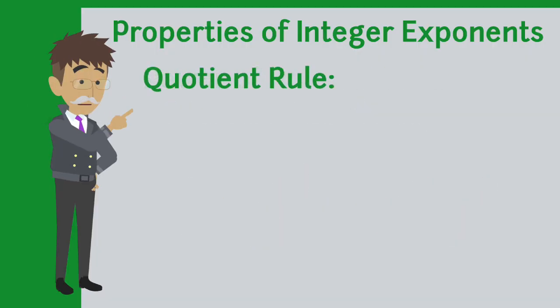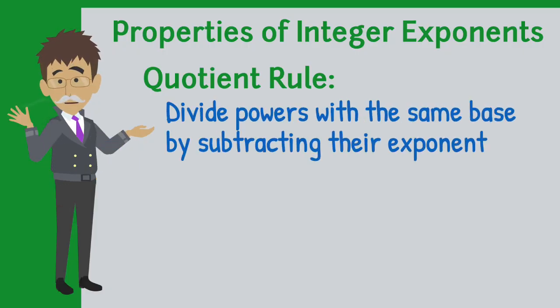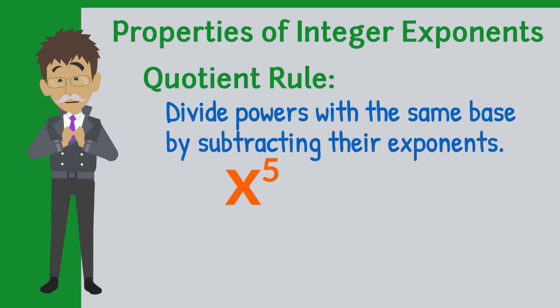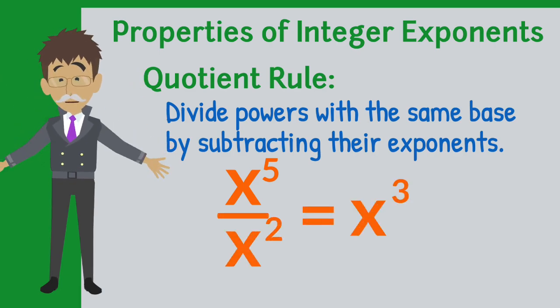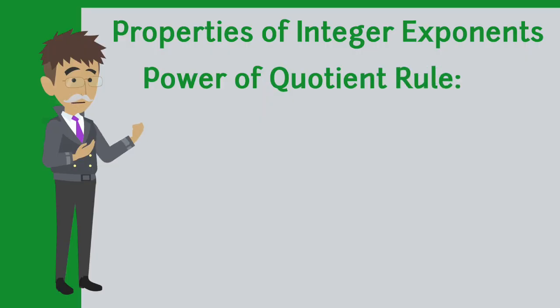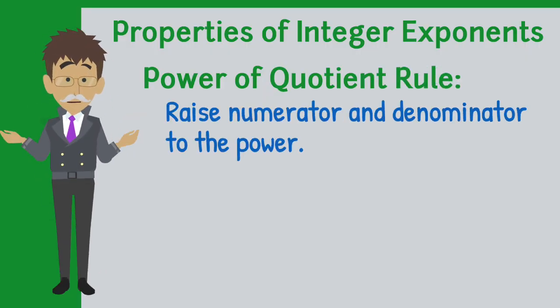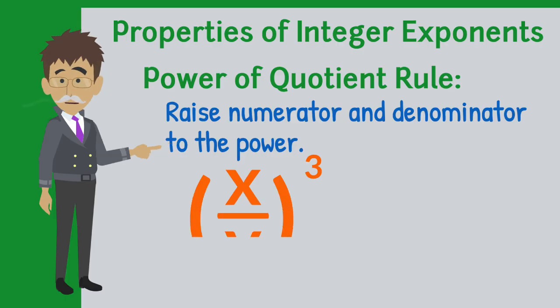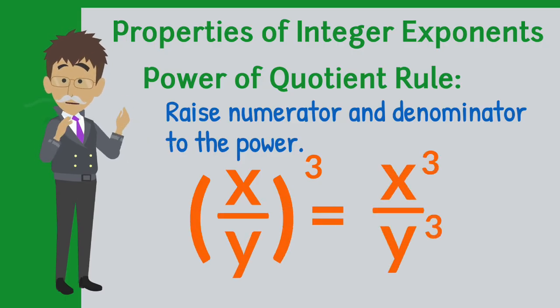Quotient rule. Divide powers with the same base by subtracting their exponents. X to the fifth power divided by x squared equals x cubed. Power of a quotient rule. Raise the numerator and denominator to the power. X divided by y cubed is the same as x cubed divided by y cubed.